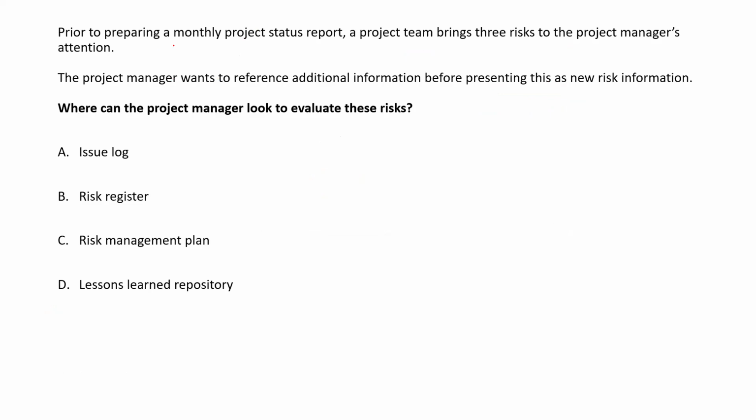Prior to preparing a monthly project status report, team brings 3 risks to the project manager's attention. PM wants to reference before presenting as a new information. Where can the project manager look to evaluate this risk?